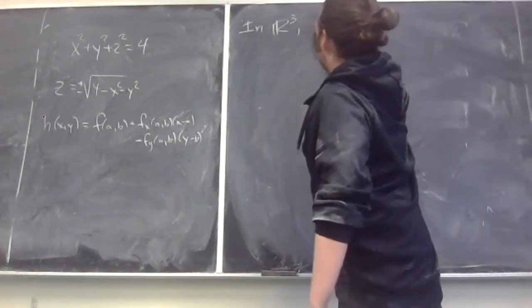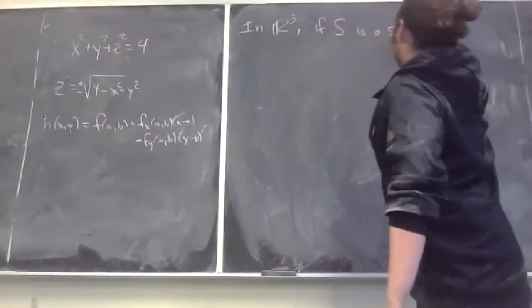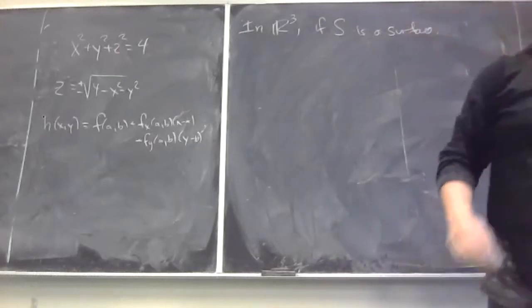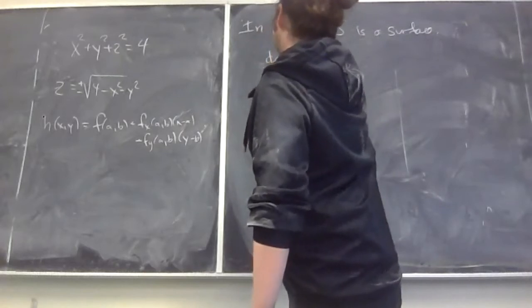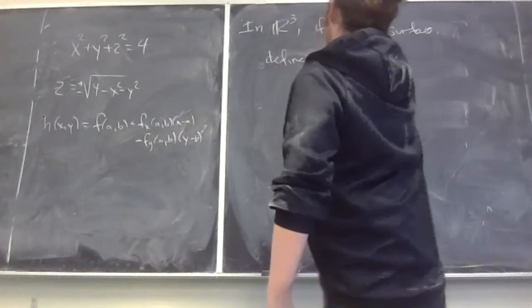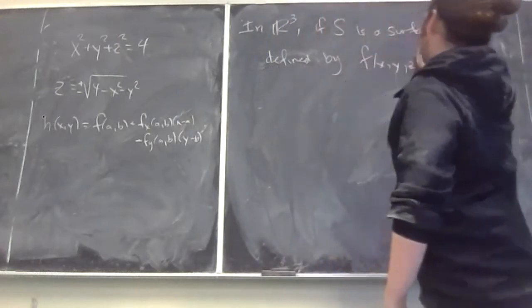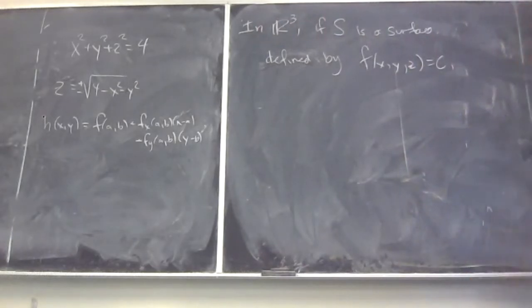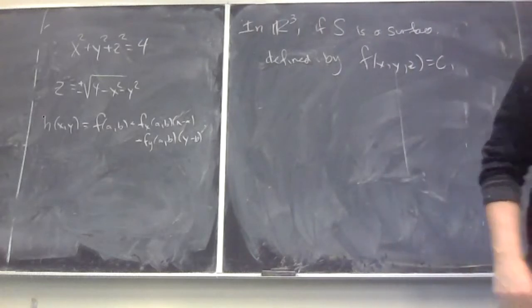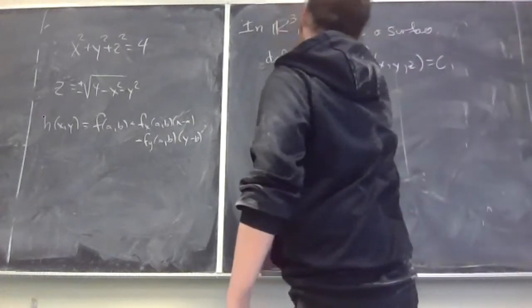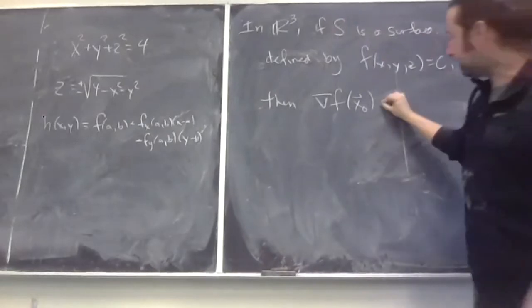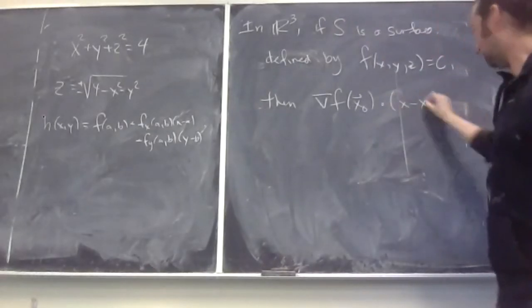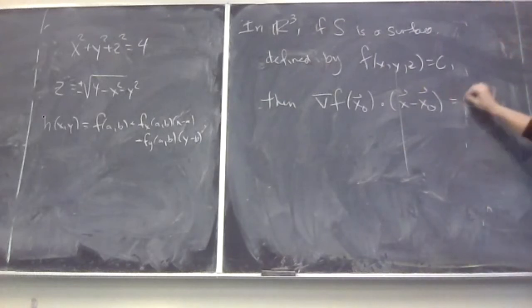If S is a surface defined by f of x, y, z equal to some constant c, then the gradient of f at any point x naught dotted with the vector x minus x naught is equal to 0 is the tangent plane.